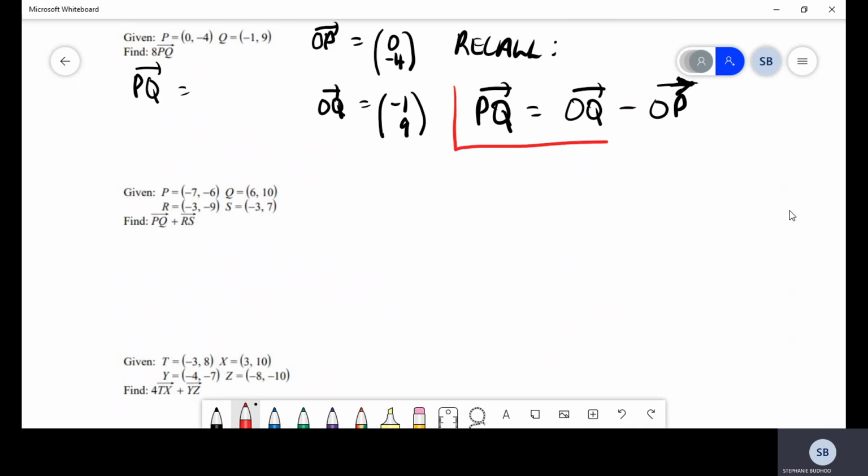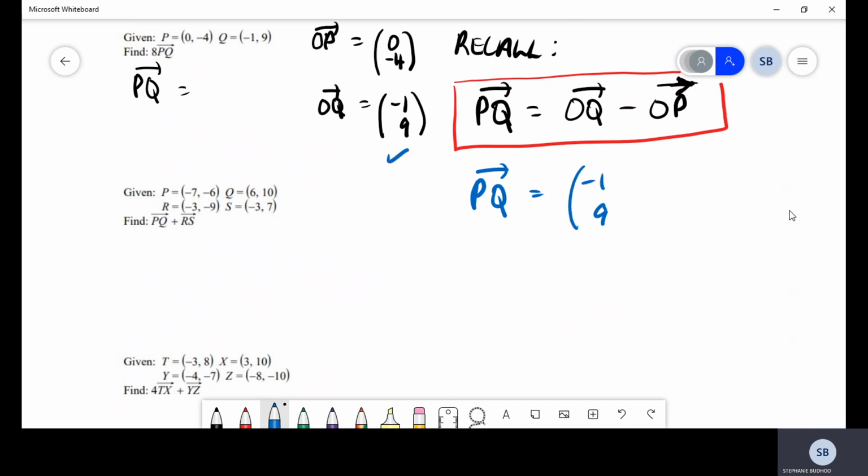And now what we are going to do is use our vector rule, and we are simply going to learn how we can add or subtract vectors. So substituting, we will get PQ is simply equal to OQ, which is -1, 9, subtract OP, which is 0, -4.